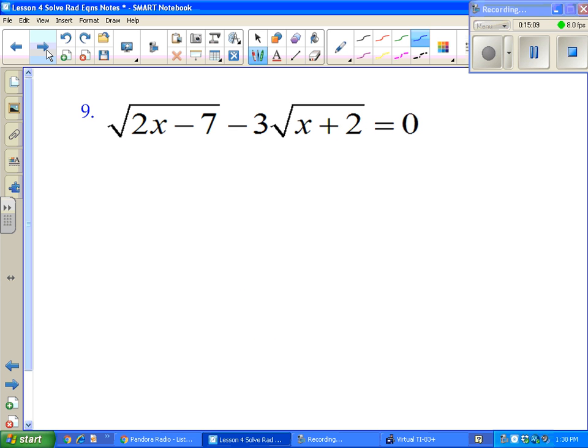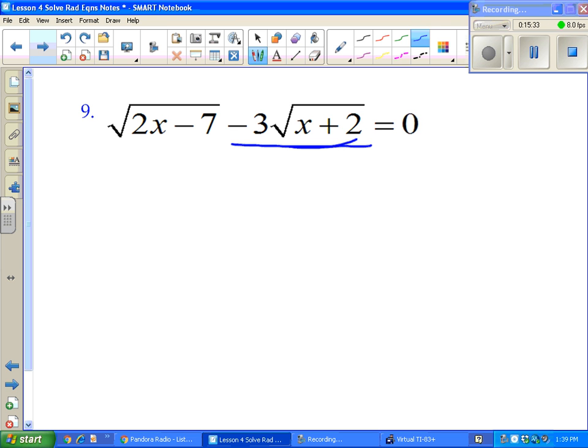Number 9, this is our last example on our sheet. And first thing it says is get the square root by itself. Well, I have 2 square roots, just like I had in the last problem. But the thing is, they're on the same side. Can't really work with them as easy when they're on the same side. So I need to move one to the other side. So this says minus 3 square root of x plus 2.